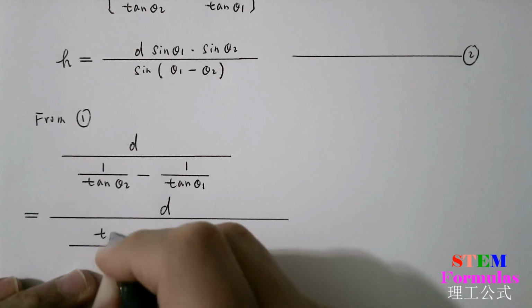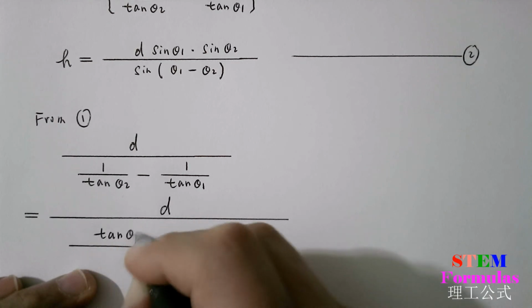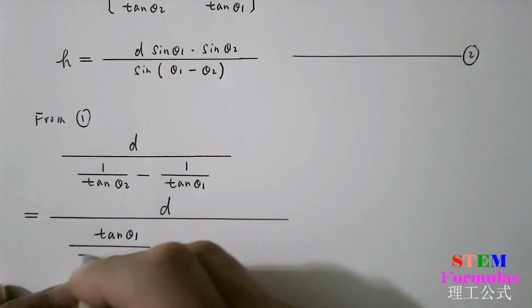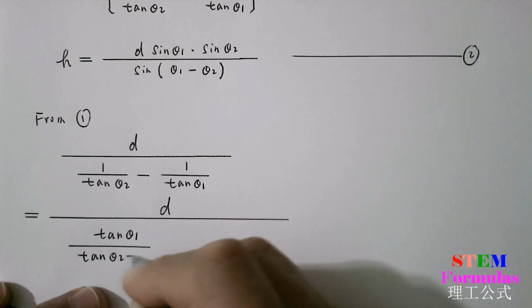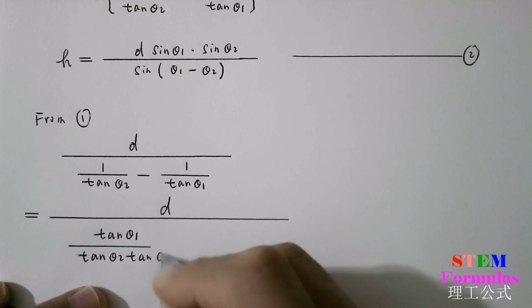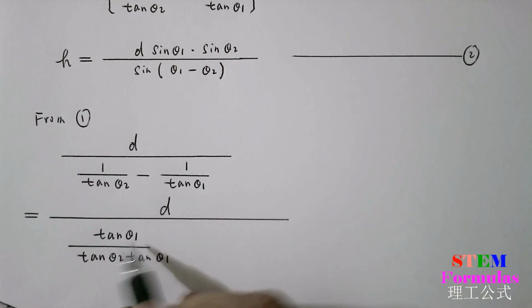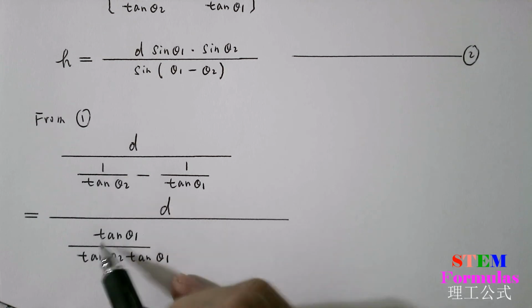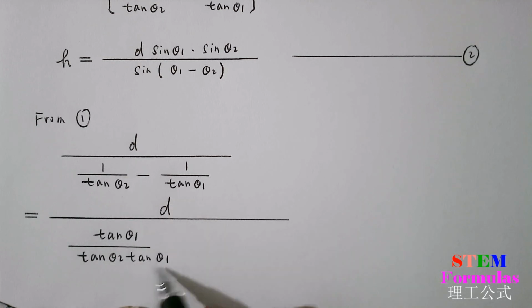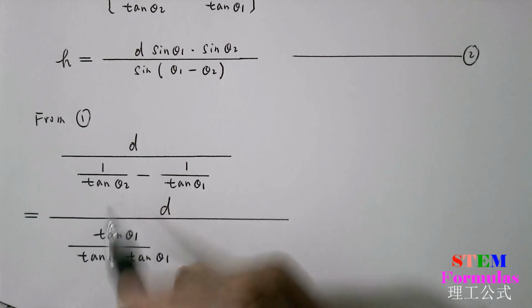For the first term, I multiply on the top by tangent theta 1, and I divide also by tangent theta 1.